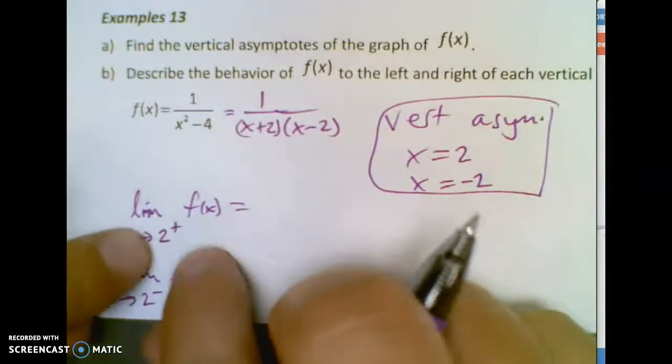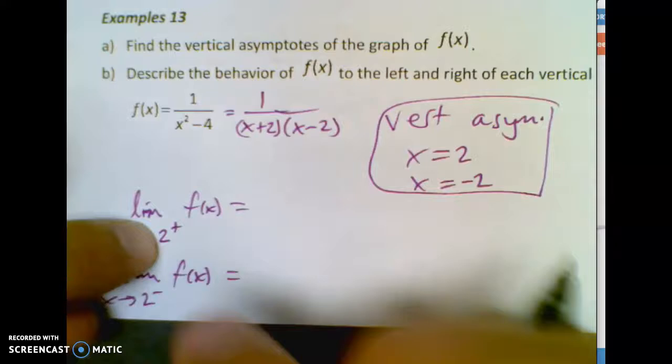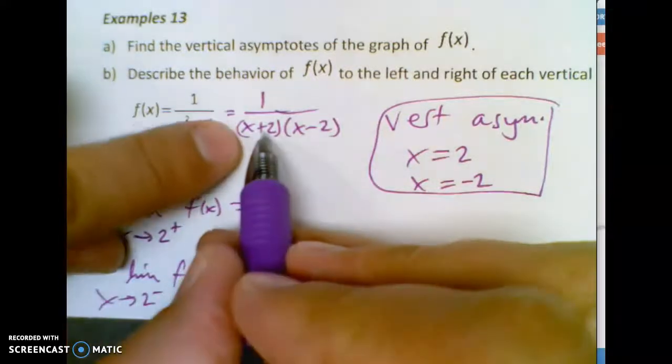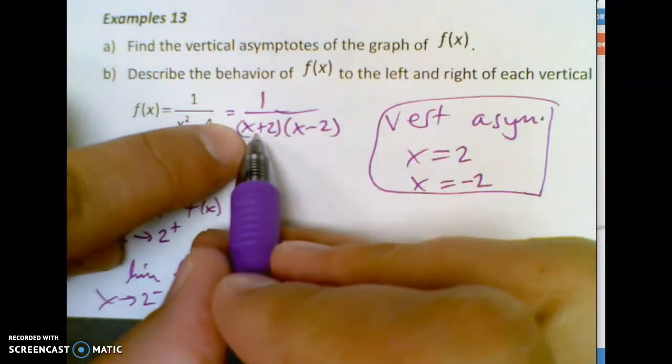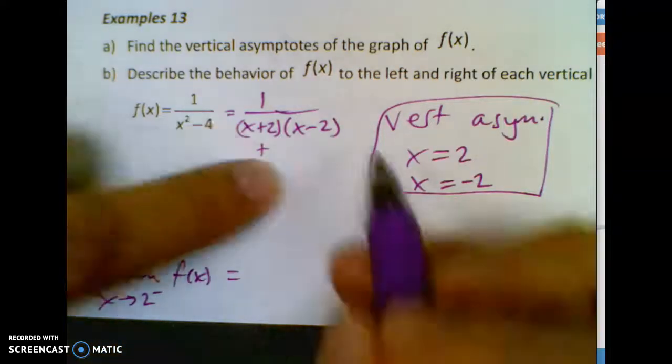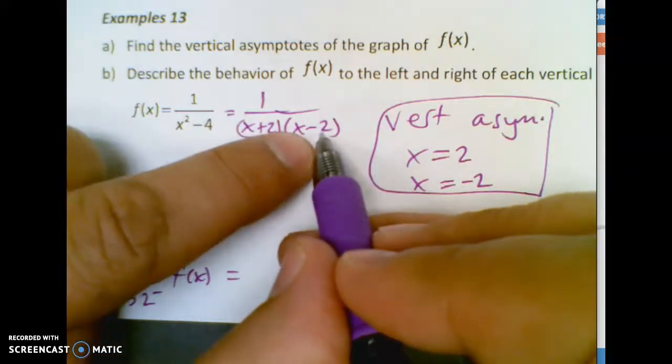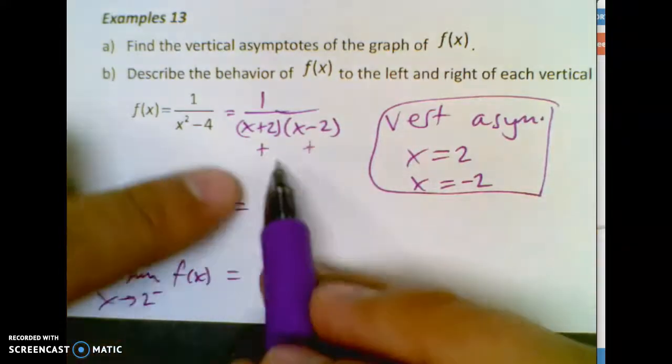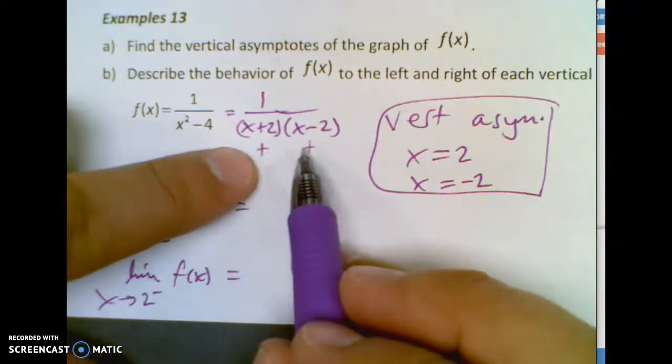Okay, imagine a number slightly bigger than 2. Let's call it 2.01. If you put a 2.01 in here, it makes that number positive. It's tiny, but it's positive. So what's the denominator going to be? Positive.